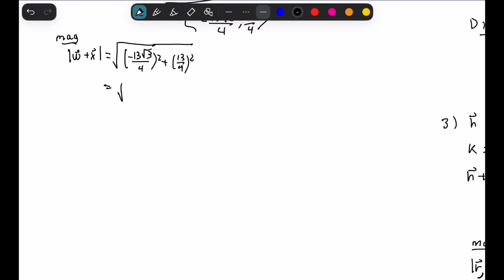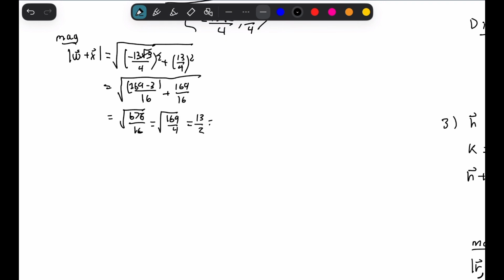Now, negative 13 squared would be 169, and you would have that root 3 cancel out, times 3 over 16. You'd have plus 169 over 16, and that'd be the root of 676 over 16, which is 169 over 4, 13 over 2, which is 6.5, which is the magnitude.